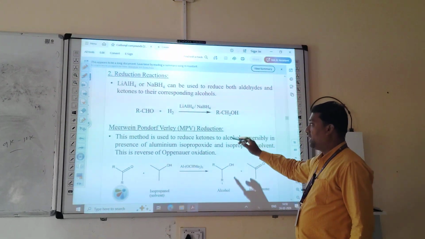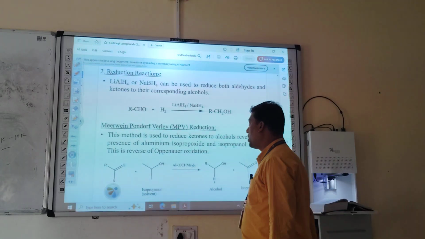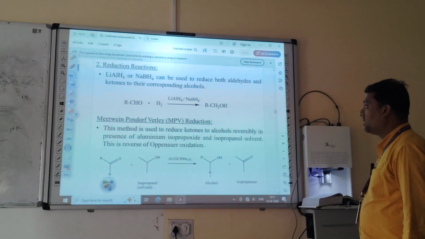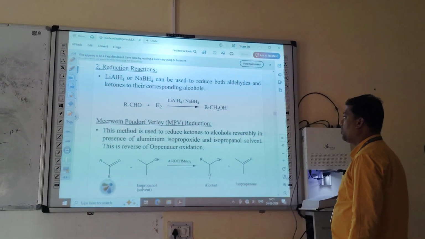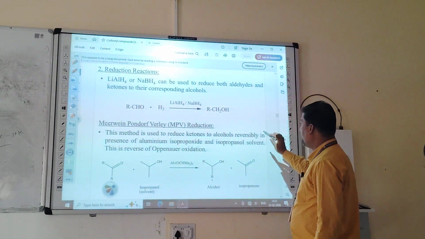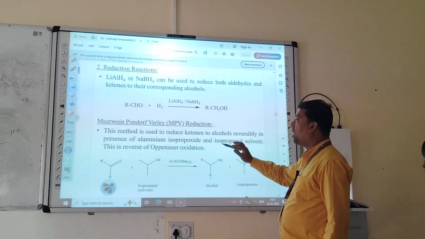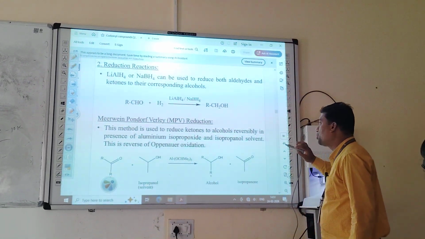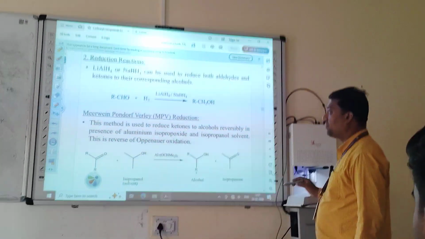Then Meerwein-Ponndorf-Verley reduction. It is a naming reaction. This method is used to reduce ketones to alcohols reversibly in the presence of aluminum isopropoxide and isopropanol solvent.